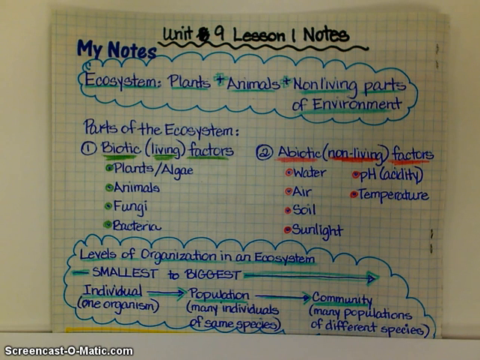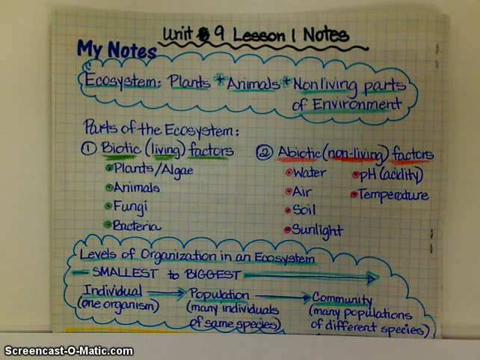So an ecosystem is all the plants and animals, basically all of the organisms plus their non-living environment. So parts of the ecosystem basically are divided into living parts and non-living parts. Living factors are biotic factors. They can be things like plants, algae, animals, fungi, bacteria, anything that's living.